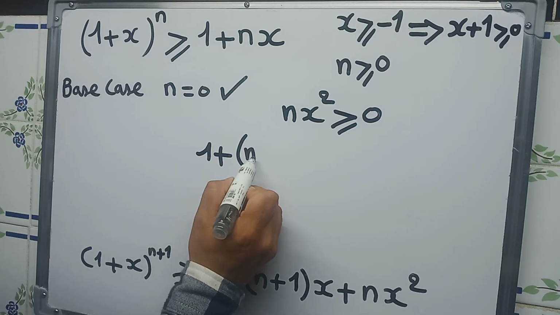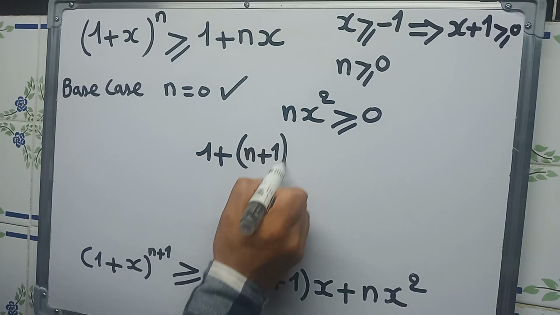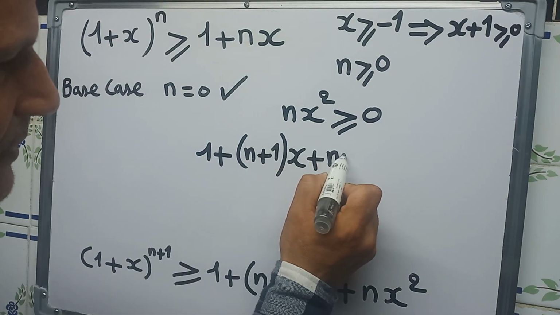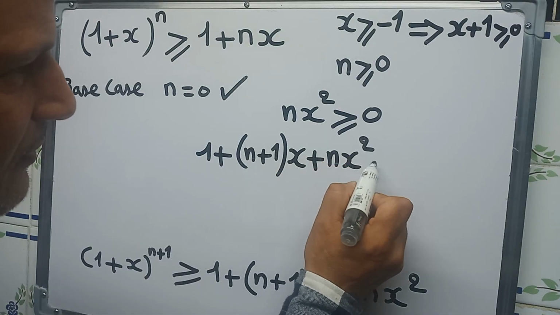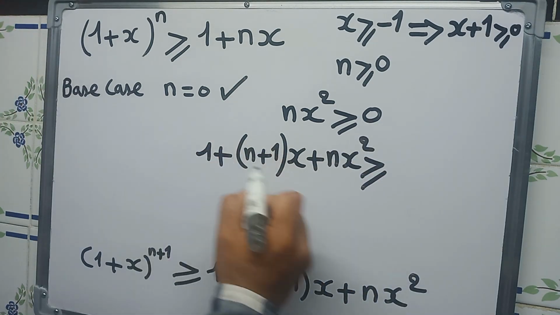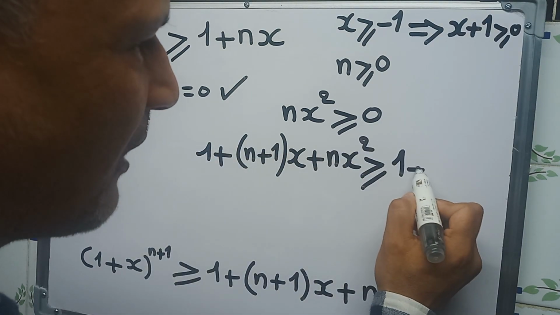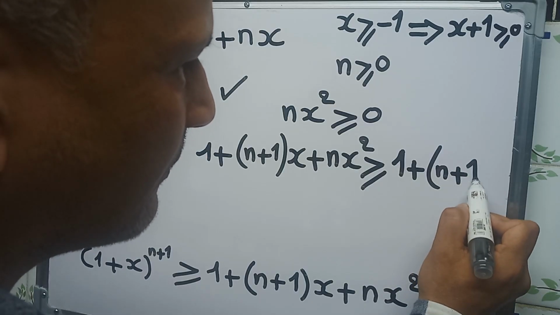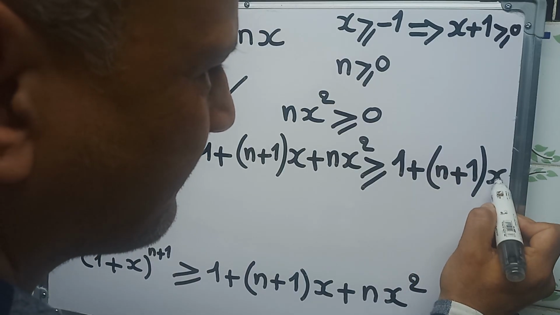So we'll have 1 + (n+1)x + nx squared is greater than or equal to 0 plus the same number 1 + (n+1)x.